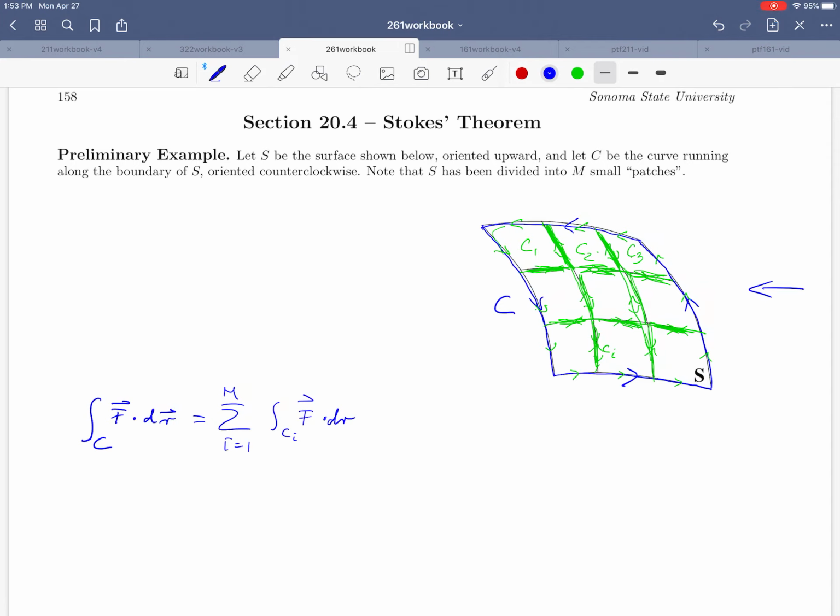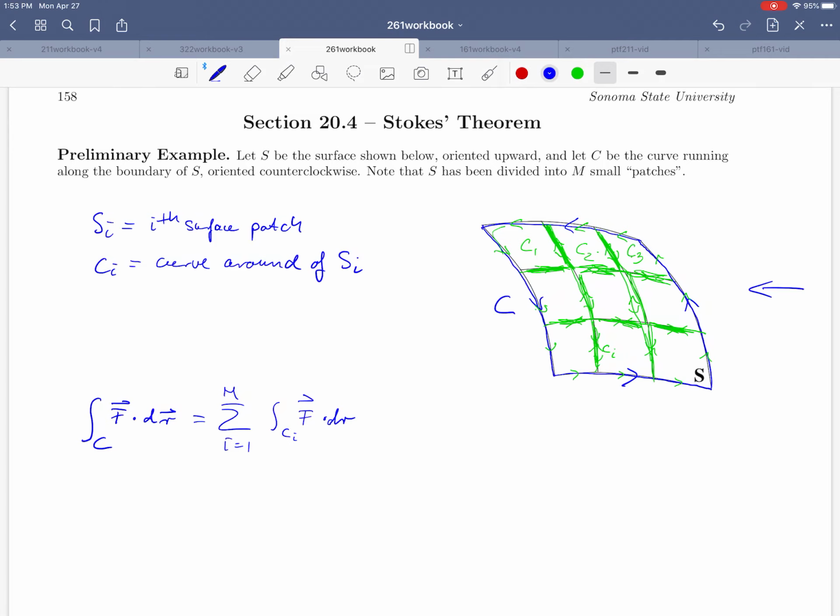Let me write down a couple of things that I didn't really say before. S_i is the ith surface patch, and C_i is the curve around S_i.